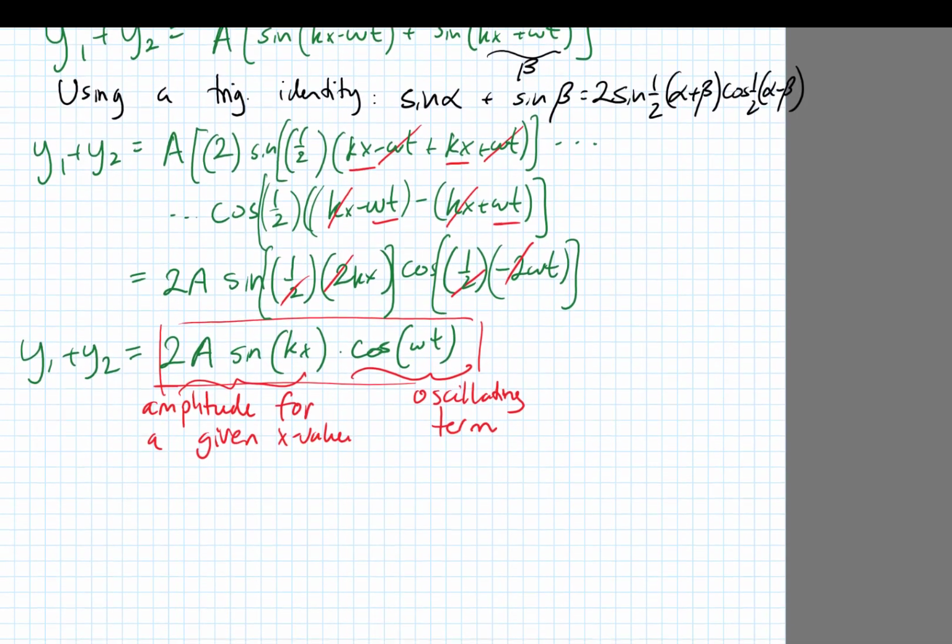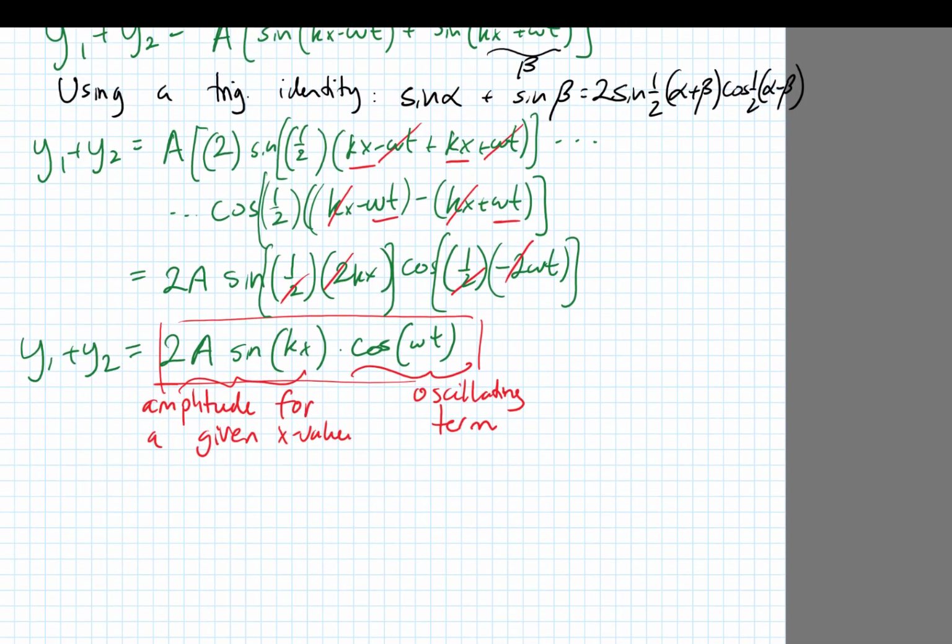And the characteristics of this are a little bit different than before, where we saw two waves traveling in the same direction. We can see what the effects of the amplitude term can be.